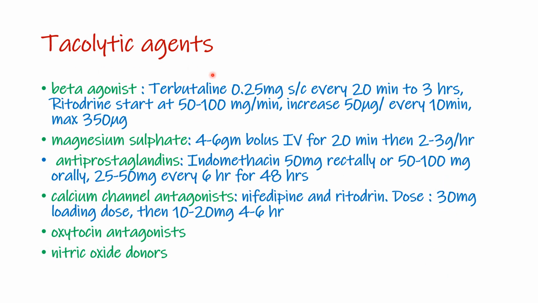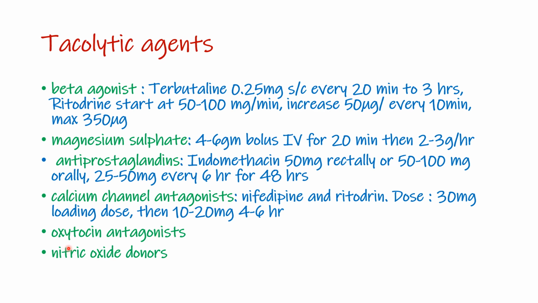So the tocolytics, as we just said, this is just a repetition. The beta agonist, which is terbutaline, these are the doses, and then magnesium sulfate, the doses, antiprostaglandin, which is indomethacin, and then calcium channel blockers, which is nifedipine, or you can also use ritodrine.